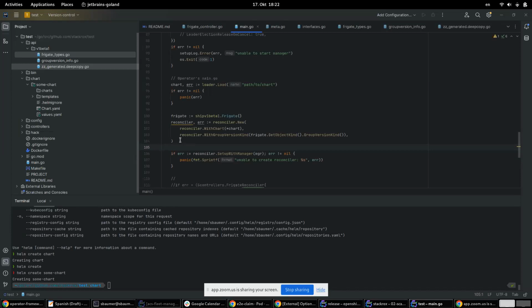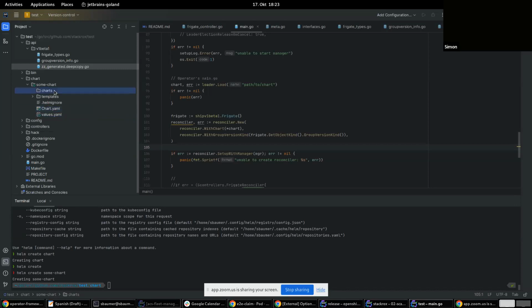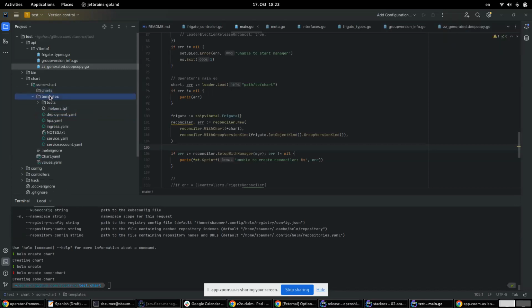Essentially it tarred the subcharts and then couldn't find them. I think it's probably a minor bug, but it didn't seem to like the nesting. So when you add a subchart in the charts directory, even multiple levels. I don't know if you've come across that issue.